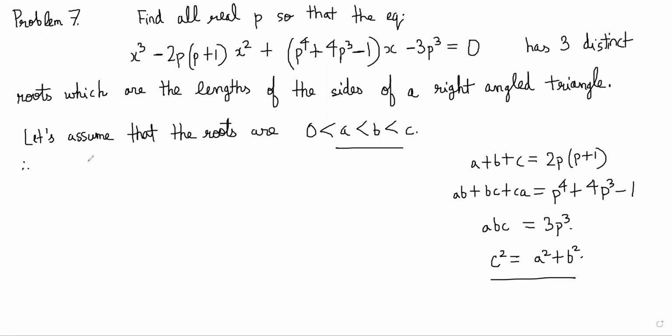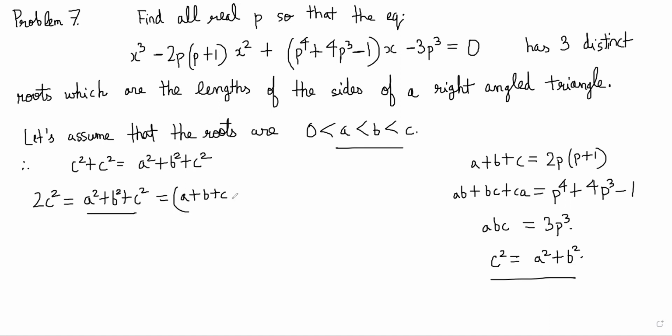So let's use the Pythagoras theorem, and we say that c square plus c square will be equal to a square plus b square plus c square. So therefore, 2c square is equal to a square plus b square plus c square. And we can write this as a plus b plus c whole square minus 2 times ab plus bc plus ca.